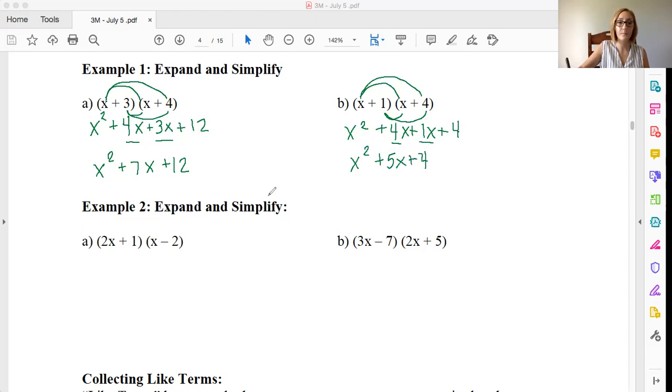Okay. So we're going to look at example 2a over here. So you're going to do 2x times x, which is 2x squared. 2x times negative 2. So keep in mind the signs in front. So 2 times 2 is 4, and there's just 1x. 1 times x is just 1x.